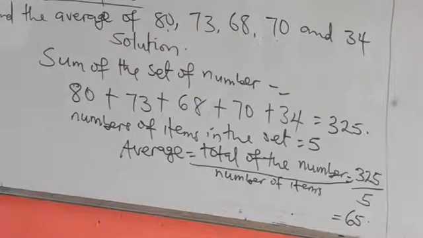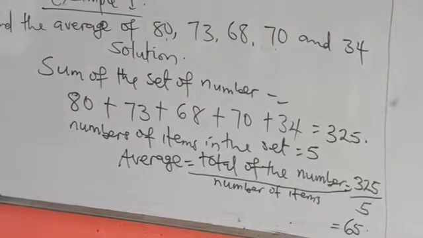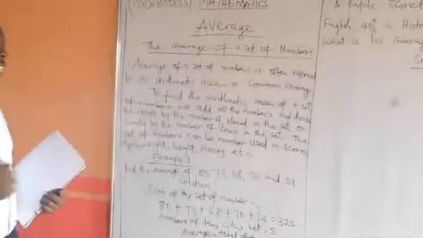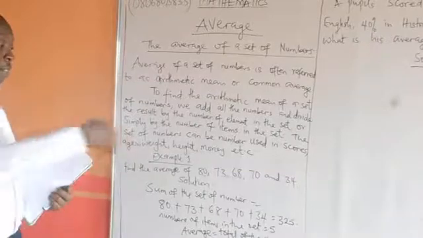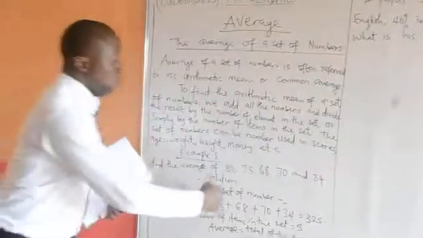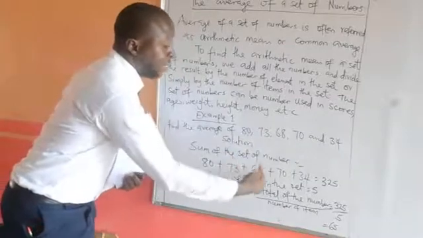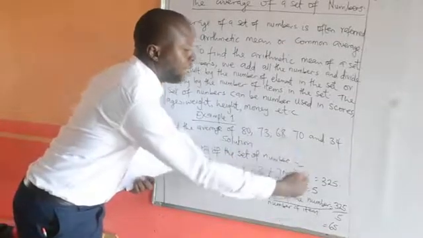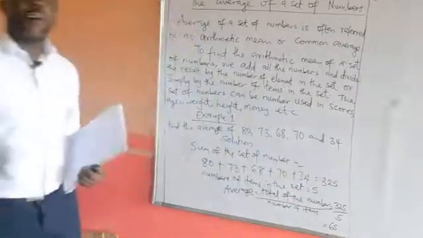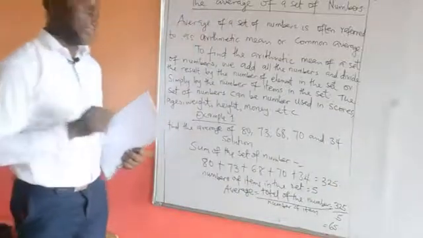So to get the average of a given set of numbers, remember first of all you add all the numbers, then you count the items in the given set. If you add 80 plus 73 plus 68 plus 70 plus 34, it will give us the sum of 325.